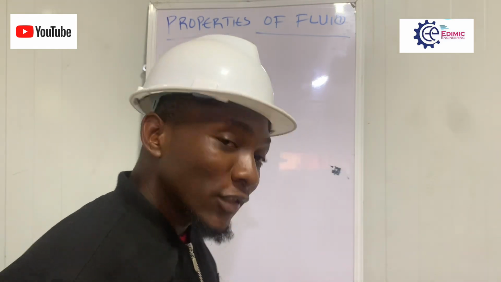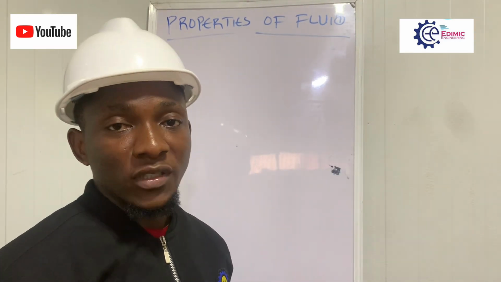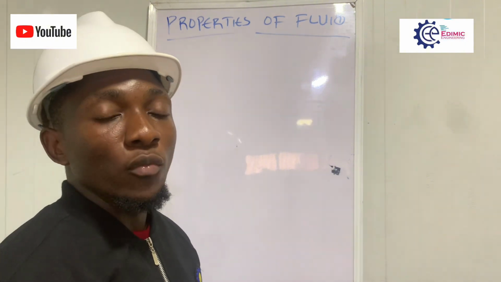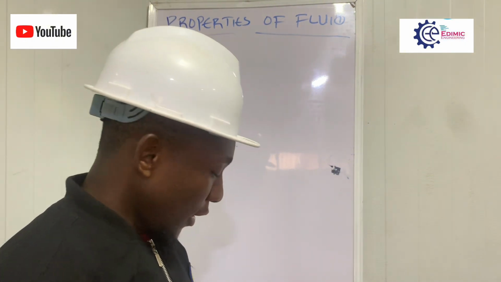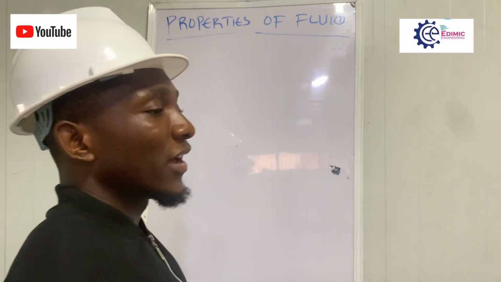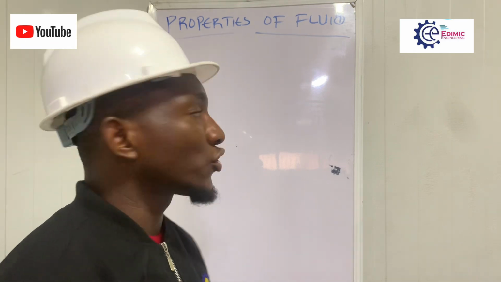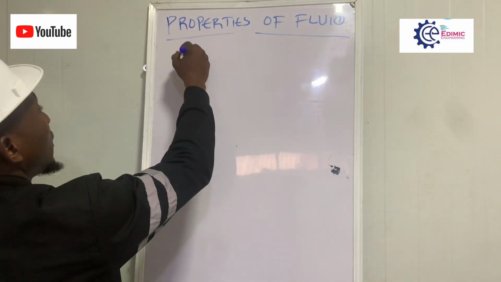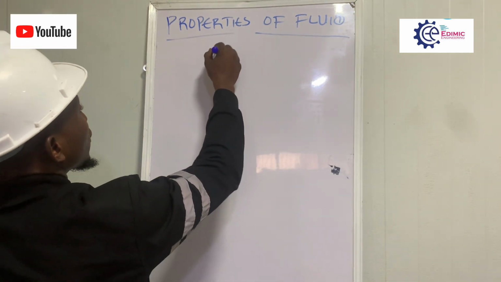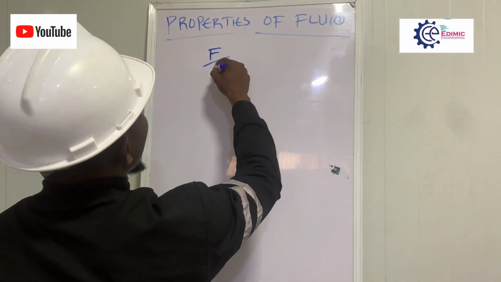As we discussed in our previous class, a fluid is any substance that deforms continuously under the application of a shear stress. And we further defined that stress is just the application of force. Remember we said stress is force all over area.